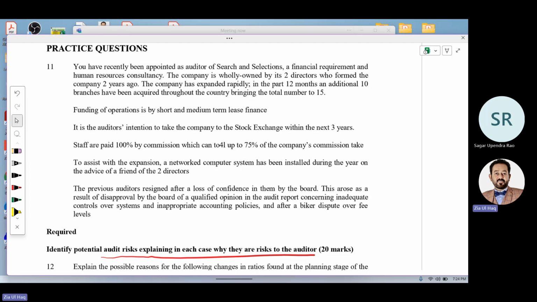There are 10 audit risks in this question: 6 or 7 inherent risk, 1 or 2 control risk, and 1 or maximum 2 detection risk. Check how many you can find.